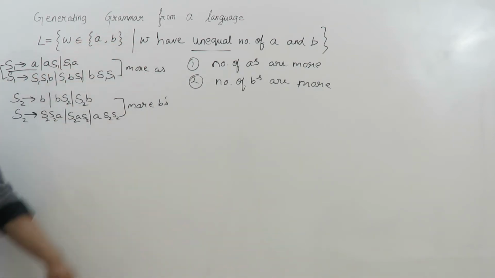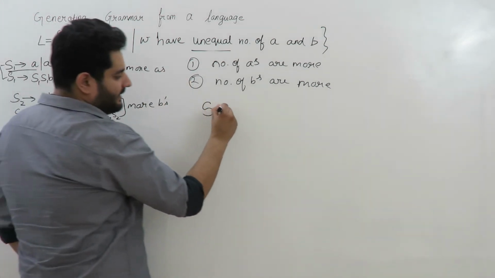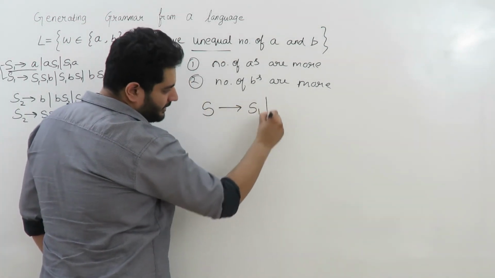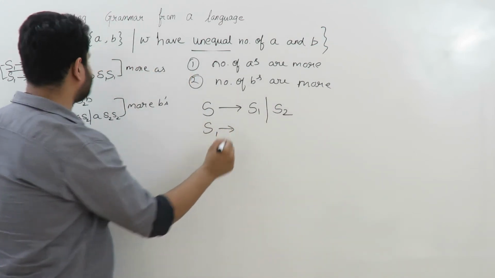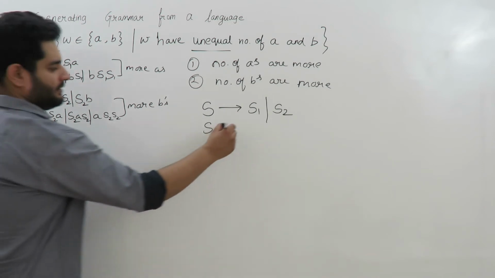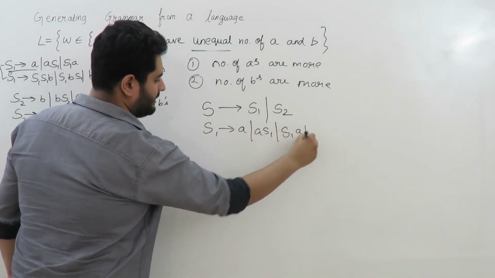And for an unequal number of A and B, we take the start symbol S, such that it derives either S1 or S2.